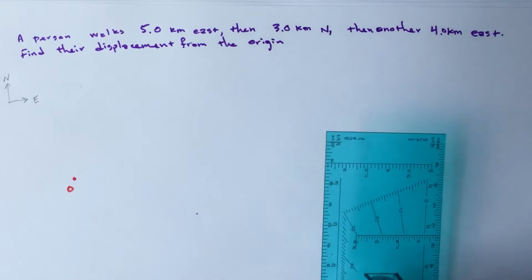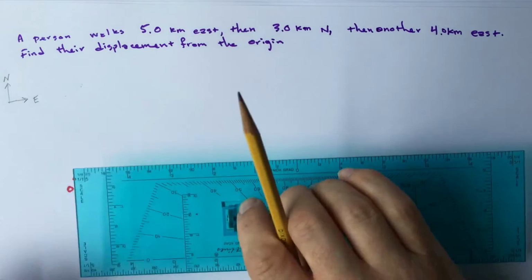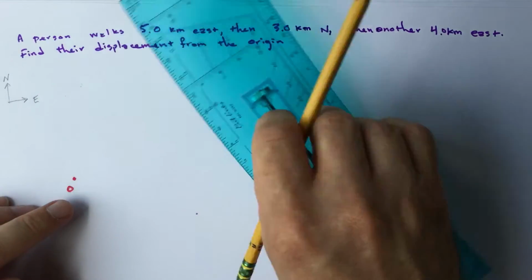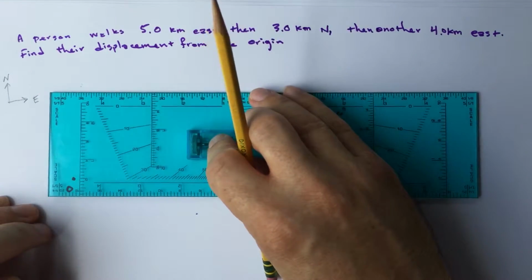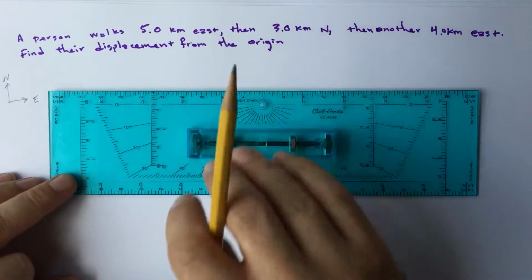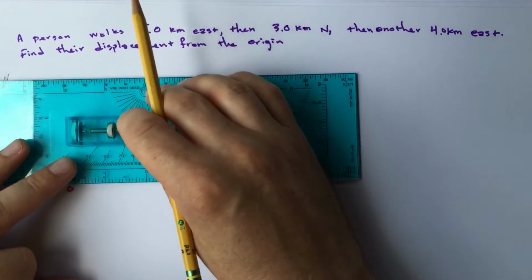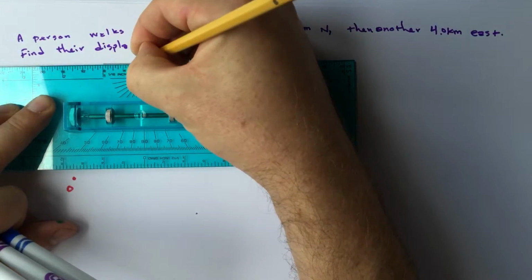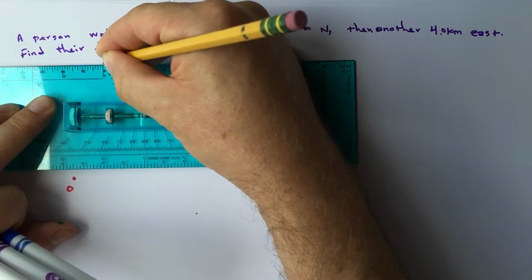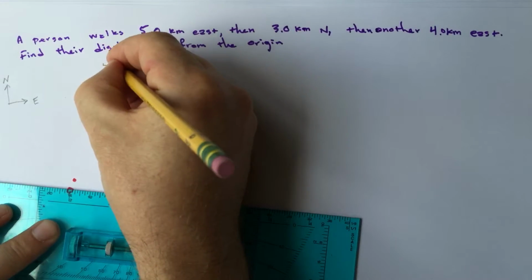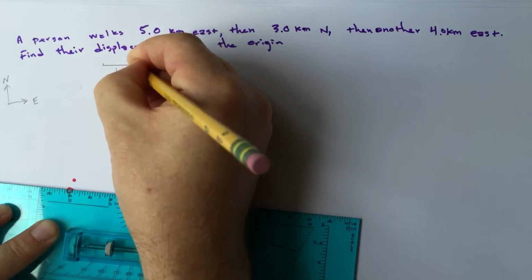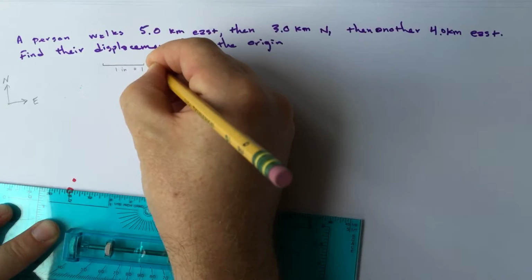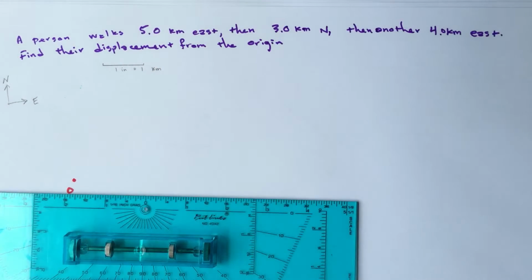I have these marks, which are probably close to inches here, and I'm going to set it up so that 1 inch, this distance here, is equal to 1 kilometer for my problem.